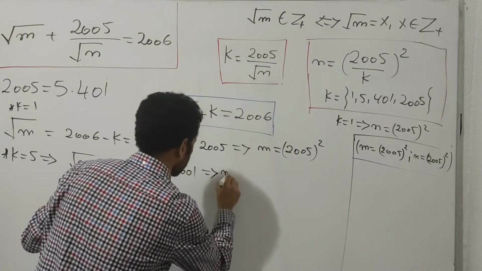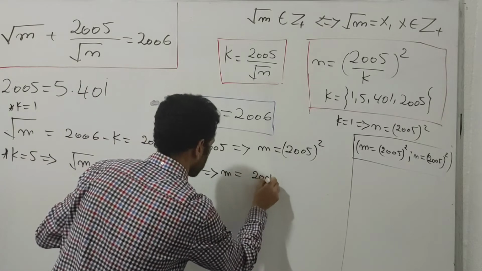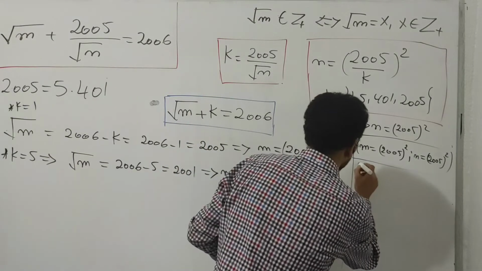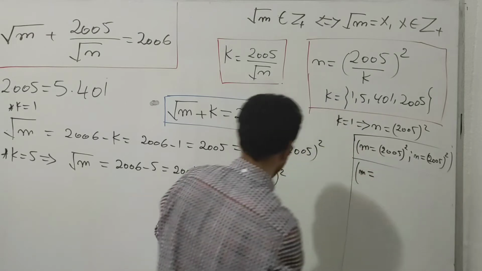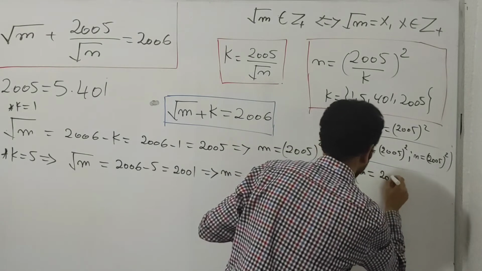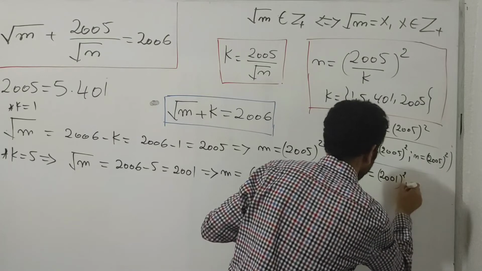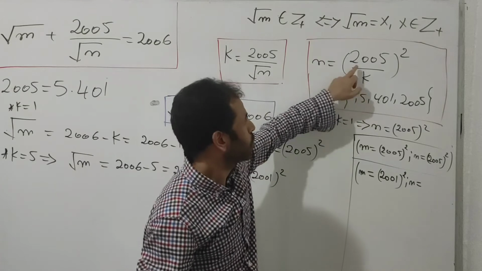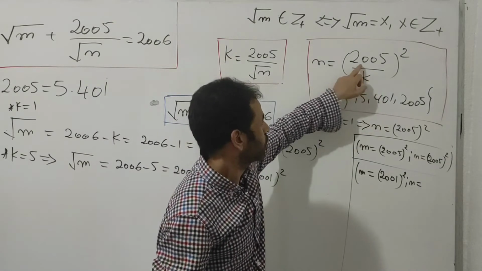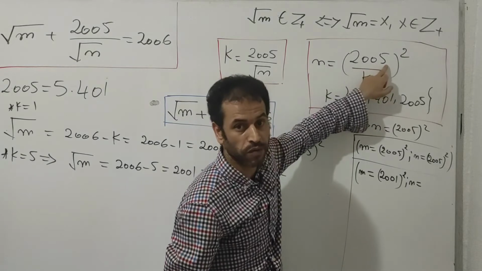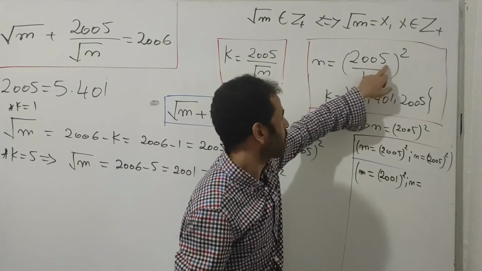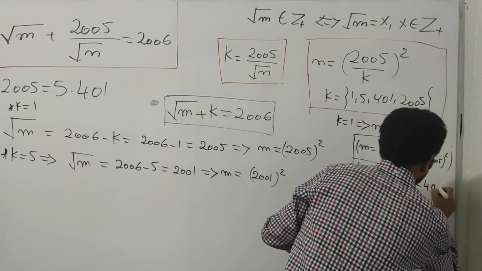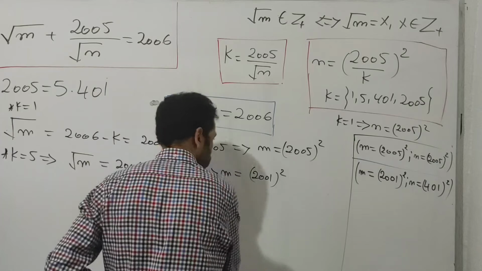I will get m equals 2001 squared. To find n, by inserting number 5, I will get 2005 over 5. Since 2005 equals 5 multiplied by 401, the 5 will be cancelled out. I will be left with 401 squared. So here is the second solution.